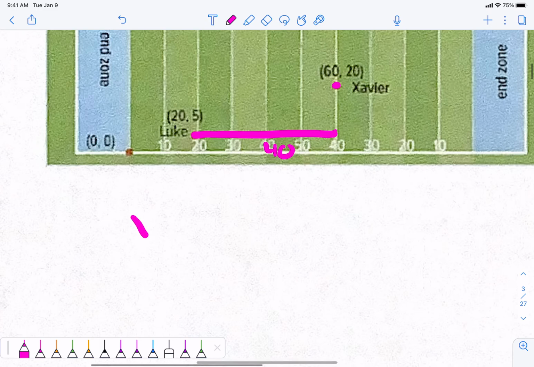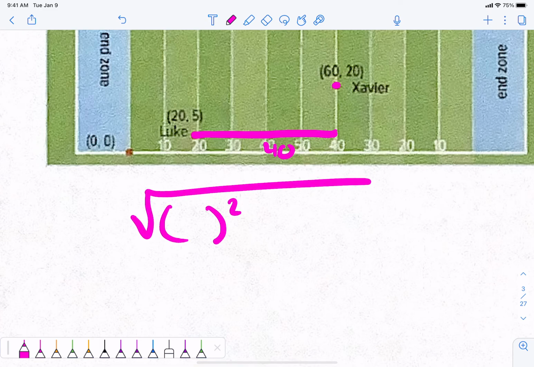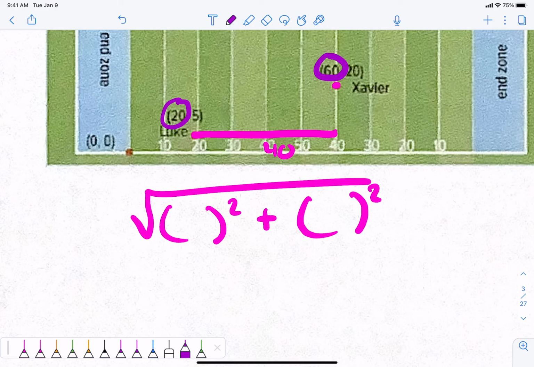All right, so the square root of something plus something, okay? And we're going to look at our x's and our y's, okay? So how far apart is 20 and 60? 40, so I put 40 in the bubble, right? How far apart is 5 and 20? 15, so I put 15 there, okay?